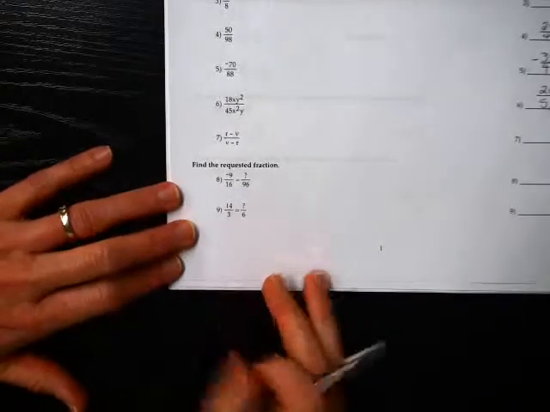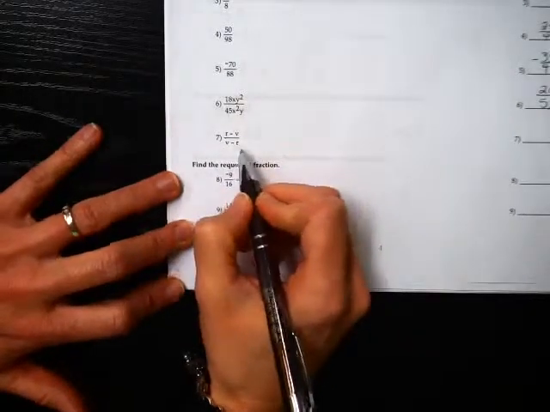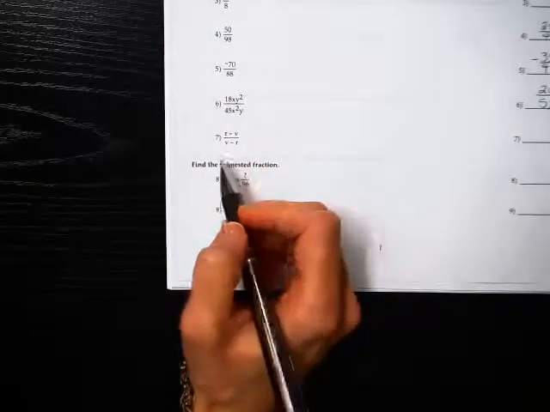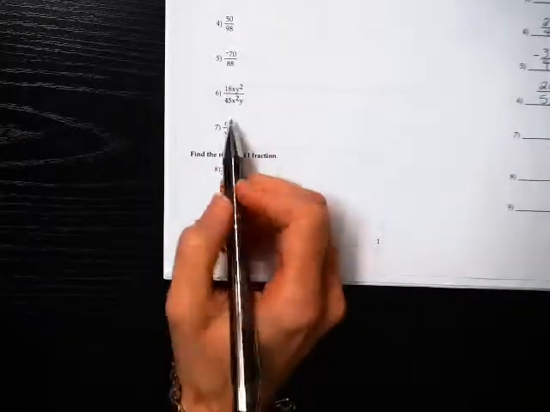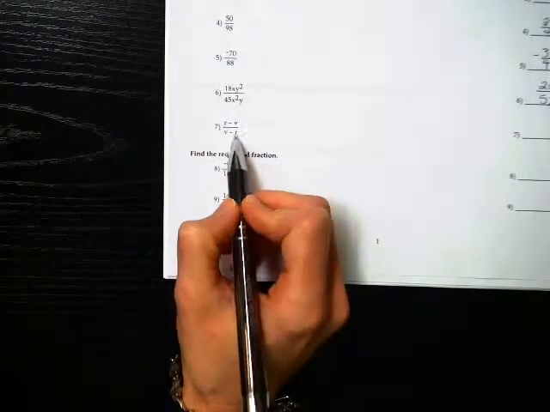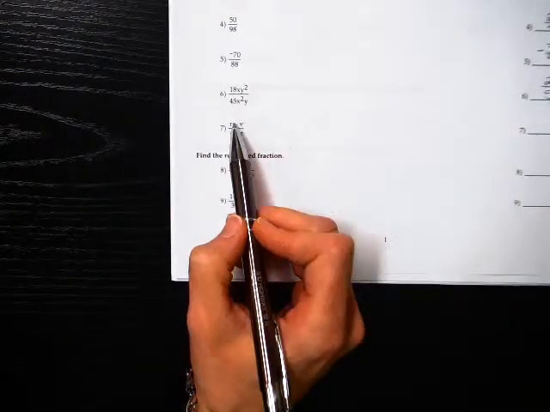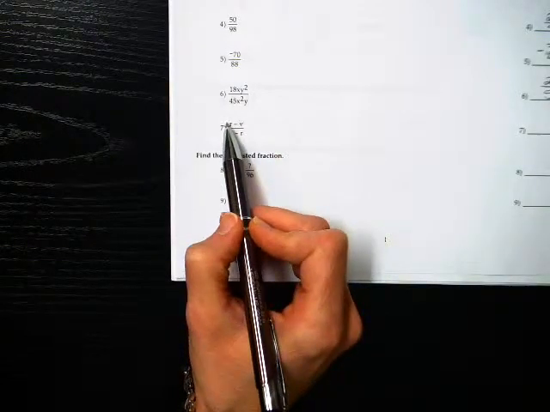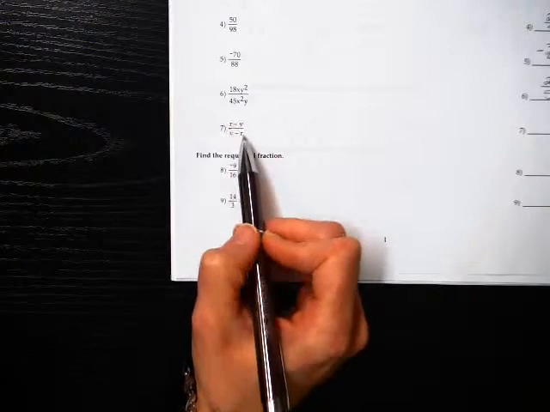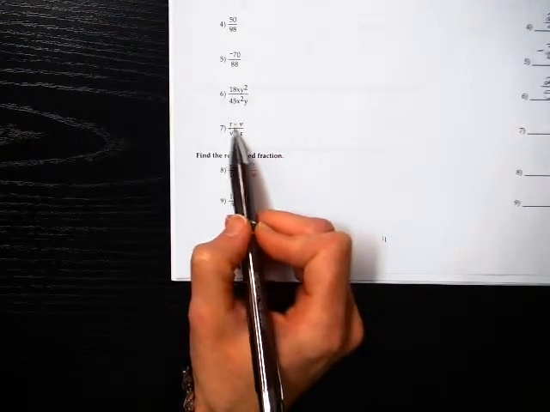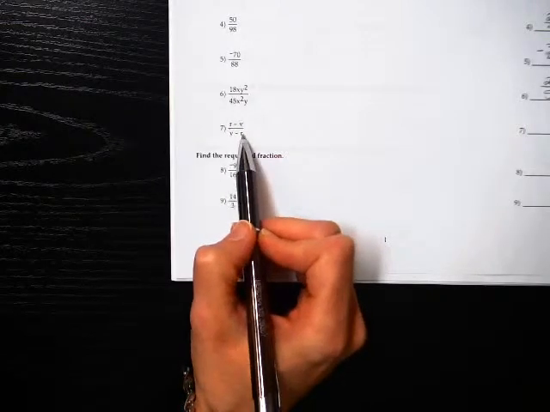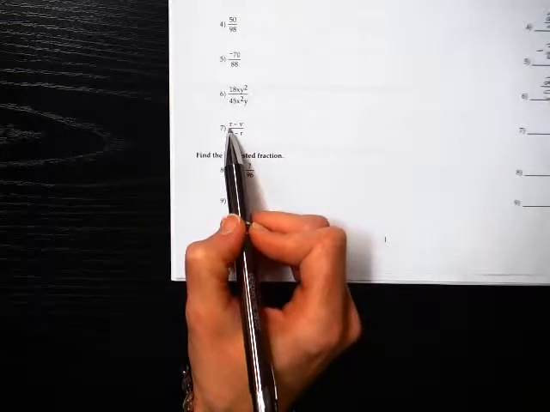Okay, so for number 7, there is nothing I can do to this. This is already considered simplest form. And I wanted to put this one on here because sometimes I'll have students that think that you can do V and V here and R. You cannot do that. In order to reduce something as far as like a V over V or R over R, that V would have had to have been a factor of all of these terms, top and bottom, and been able to have been factored out.